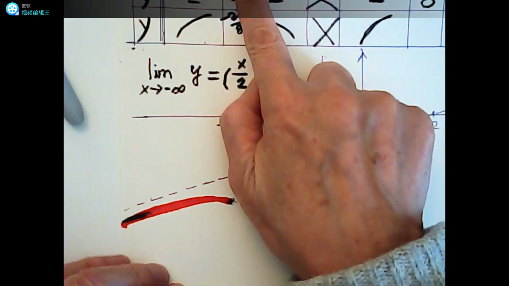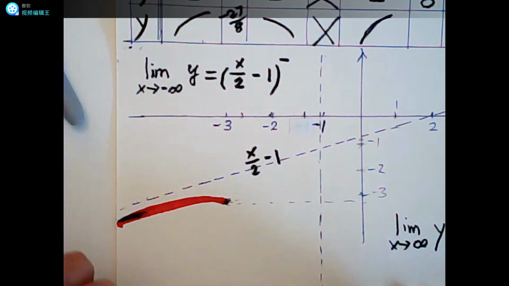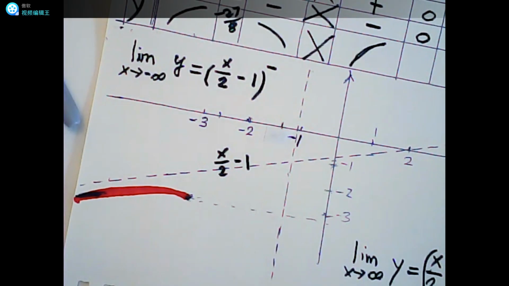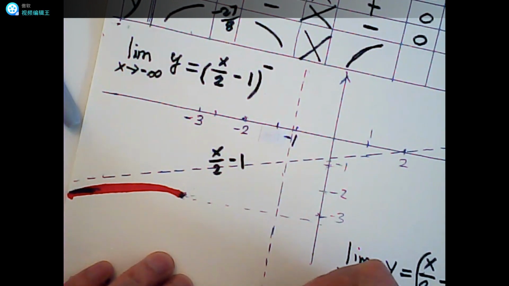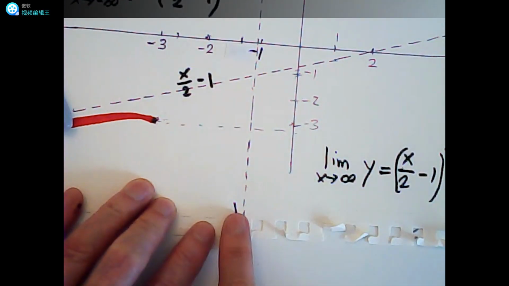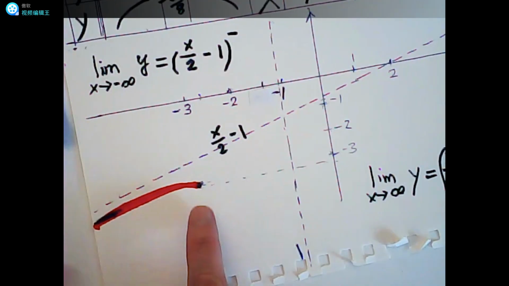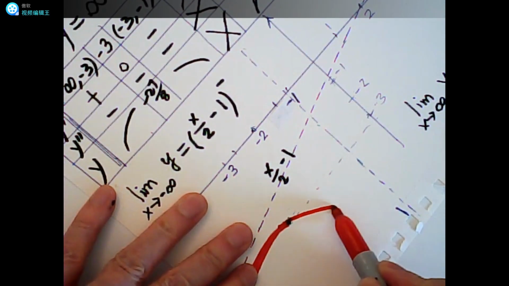Then from -3 to -1, it looks like this, right? When x is approaching -1, y is negative infinity, and the shape looks like this. So the curve looks like that.